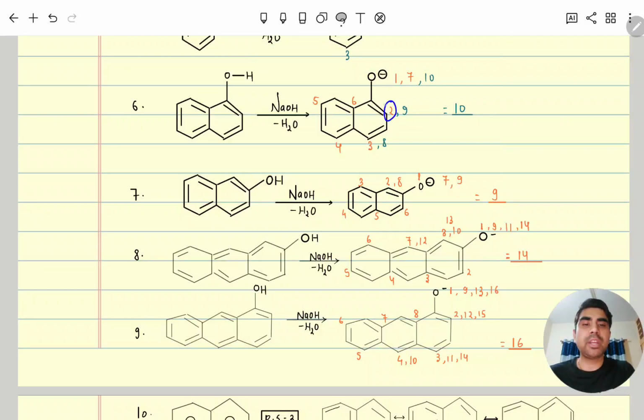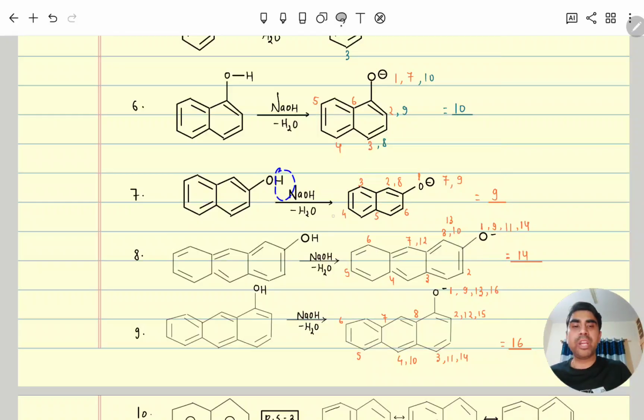So 1, then after 2, then after 3, then after 4, then after 5, then after 6 bridgehead, and then after 7. Clear? Next, this direction is covered as we are moving in this cover, so we'll go this way also. So from here 8, 9, and 10. So total resonating structures 10.